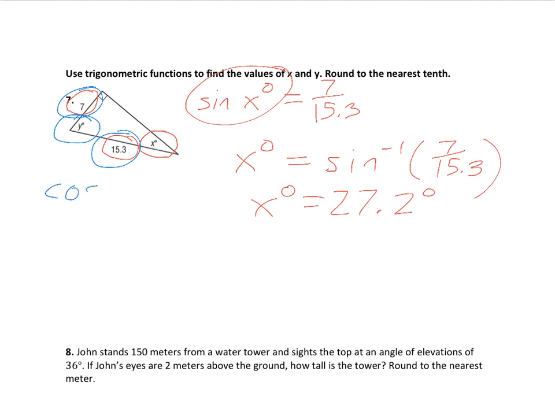I could use cosine. Cosine of y degrees equals the side adjacent to y, which is 7, over the hypotenuse of the triangle, which is 15.3.